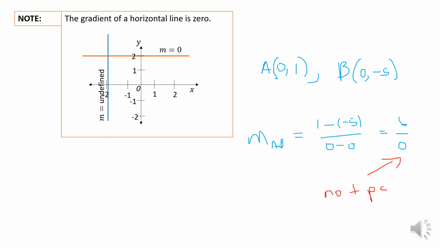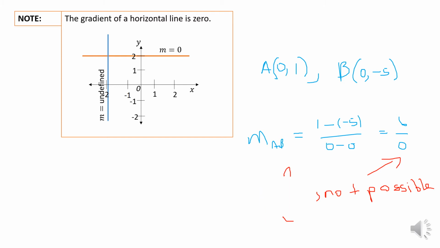Because of that, the gradient of a vertical line does not exist. So it's very important that you know that for vertical lines, the gradient will not exist.